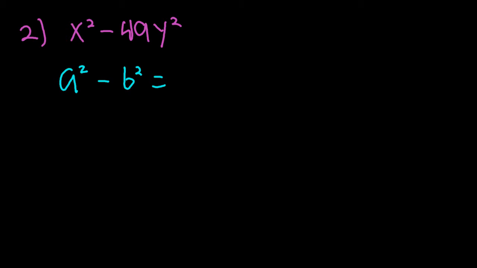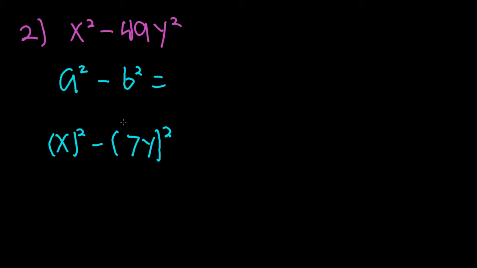Just by looking at this, I can figure out that a squared and x squared are the corresponding terms, and I know that x squared is simply equal to x squared, minus, well, our b value corresponds with 49y squared. I know 49 is 7 times 7, and y squared is y times y. So I can rewrite this as (7y) squared.